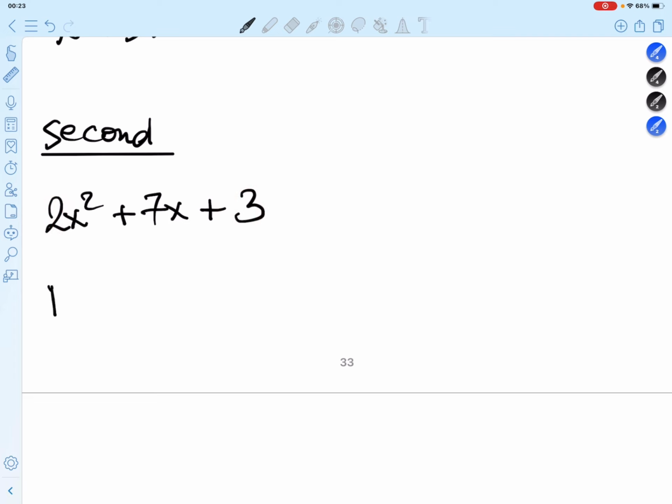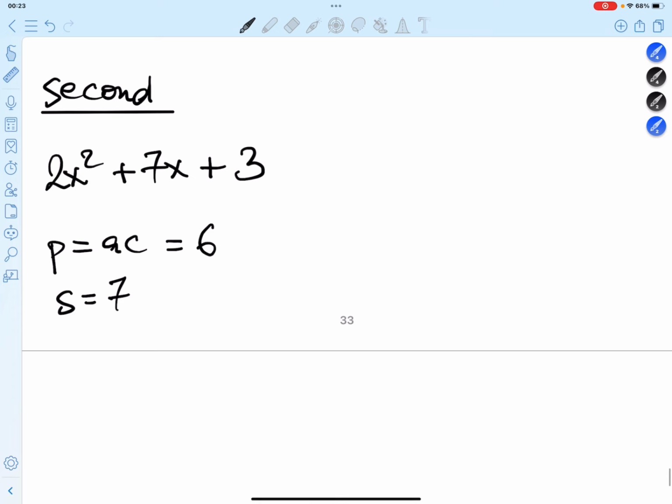So the product p would be equal to ac, which is 2 times 3, which is 6, and the sum would be equal to 7. So two numbers such that the product is 6 and the sum is 7, those two numbers are plus 6 and plus 1, because the product 6 times 1 would be 6, and the sum 6 plus 1 is 7.